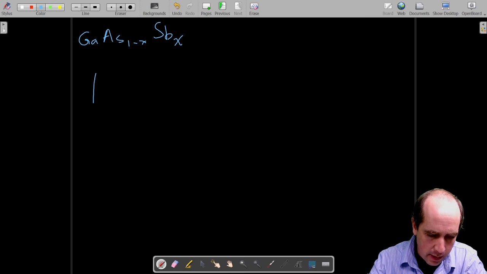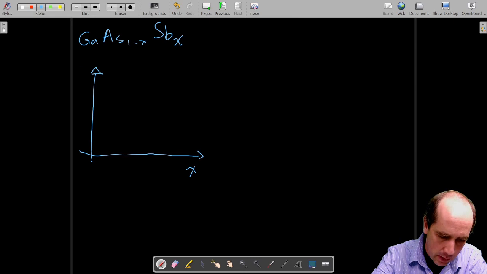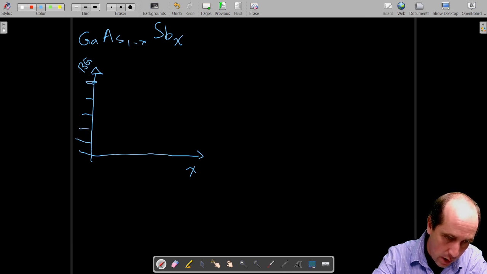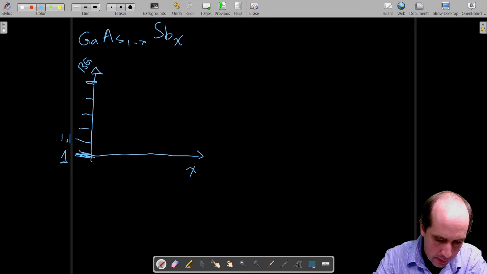If we make the band gap as a function of the alloy fraction, so this is the alloy fraction and the band gap, in this case what we obtain is more or less the opposite. Now with the alloy fraction, the band gap goes down from 1.5, 1.4, 1.3, 1.2, 1.1 or so, and we will leave 1 over here.